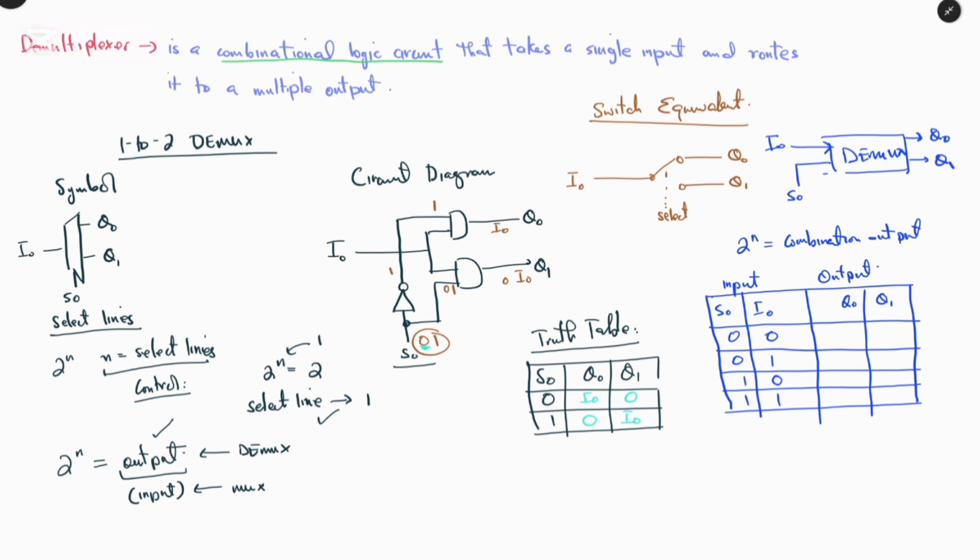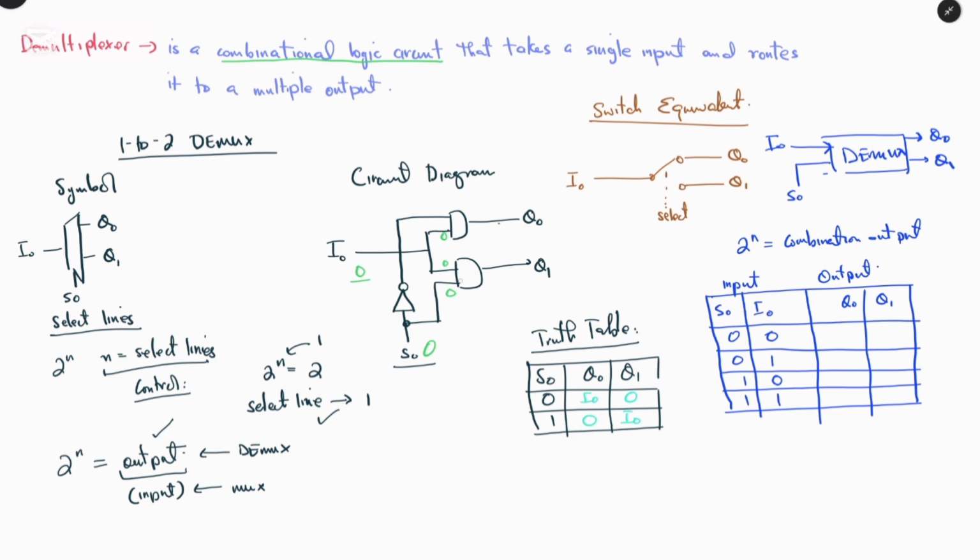So what will be the combinational output? I will explain. When the select line S naught is 0, and the input is also 0, that means this 0 represents that there is no data present in the data line I naught. From there we know that this will be 0 and this will be 0.